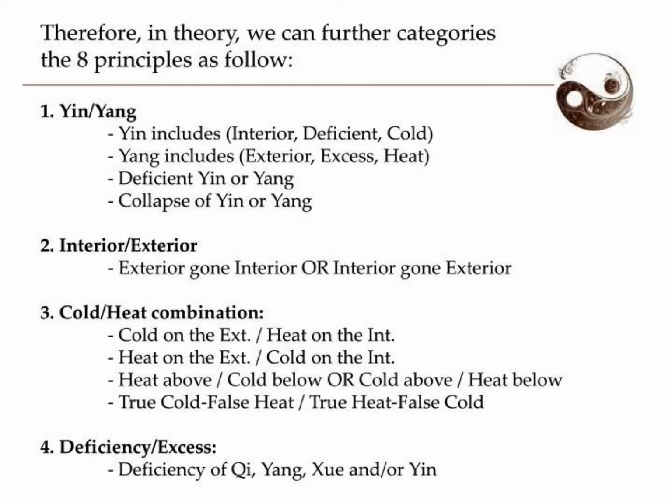Then cold-heat combination: cold on the exterior, heat on the interior; heat on the exterior, cold on the interior. Heat above, cold below, or cold above, heat below. True cold, false heat, or true heat, false cold. Then we have deficiency and excess: deficiency of qi, yang, shui, or blood, and/or yin.